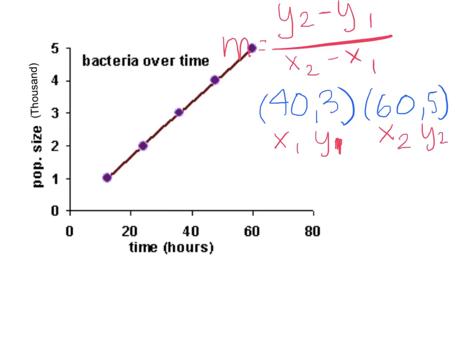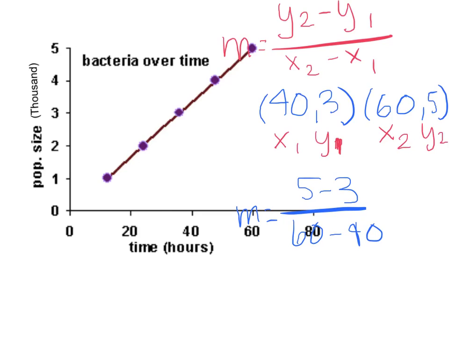From here, I'm going to do exactly what I did in the last couple of examples. I'm going to substitute those values into the formula. So I'm going to do 5 minus 3 over 60 minus 40. Okay, and that's m equals.